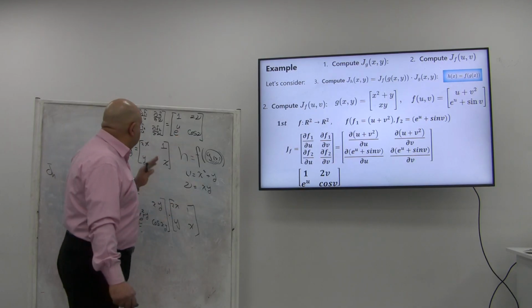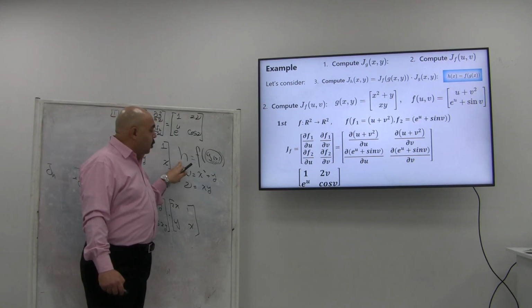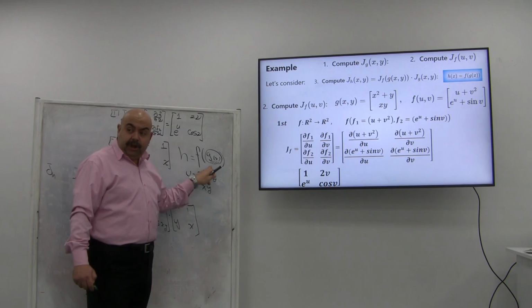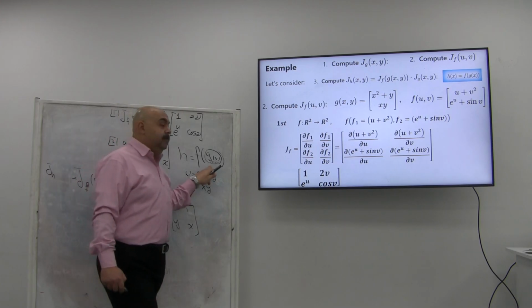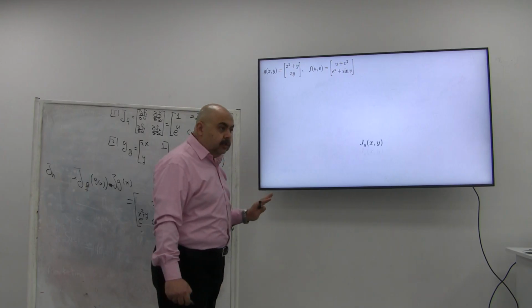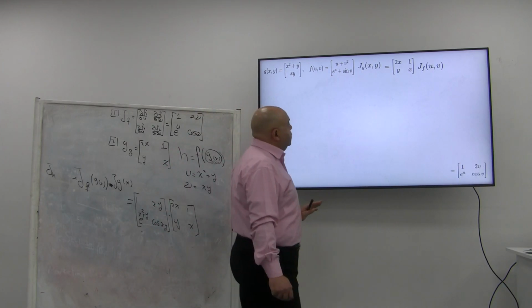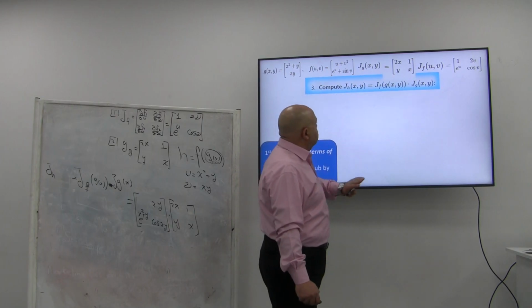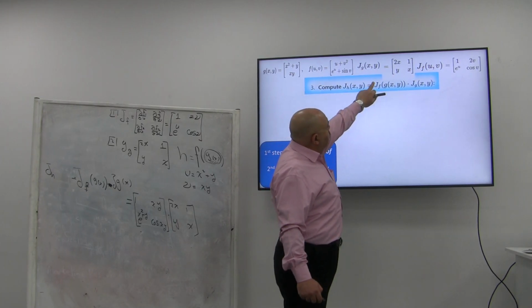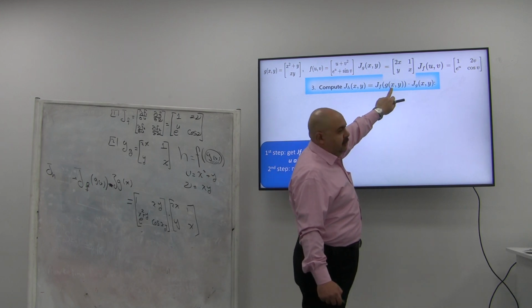Once more, I'm interested in getting H, which is F of G of x. So the output of G of x is going to be the input of F. All I have to do is make the substitution. I will consider these the results that we reached. Here, I need the Jacobian of F at the values of G of x, y.